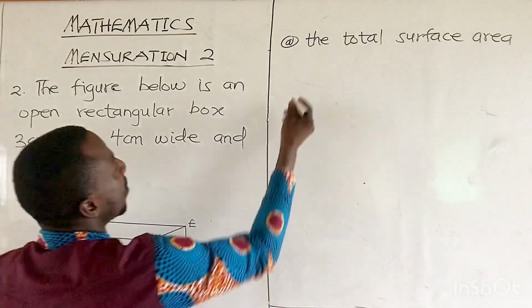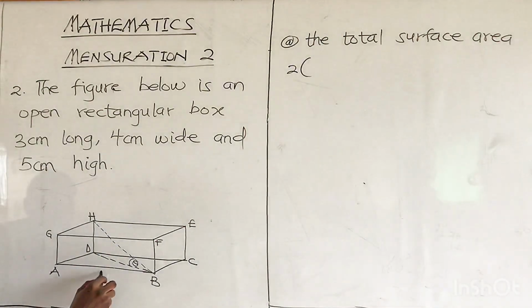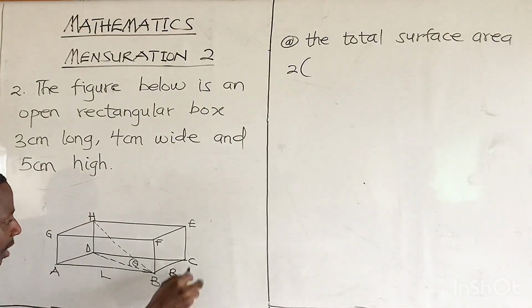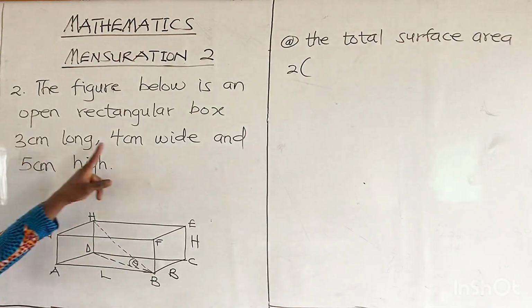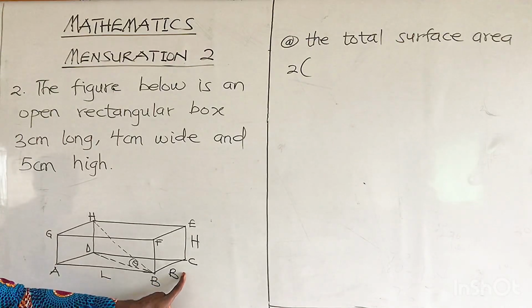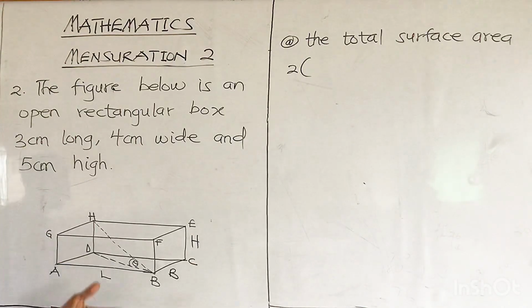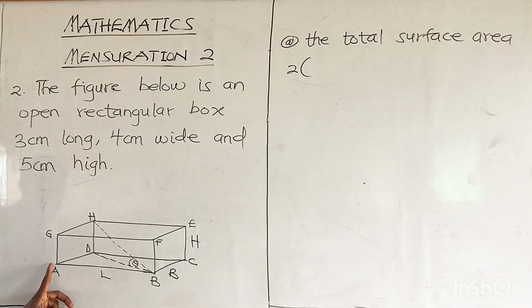In that case, we are going to have 2 multiplying. Don't forget that this is the length, this is the breadth, and this is the height. And each dimension was given. So we have 3, we have 4, we have 5. Because the front and the back are available, it's going to be length and the height.